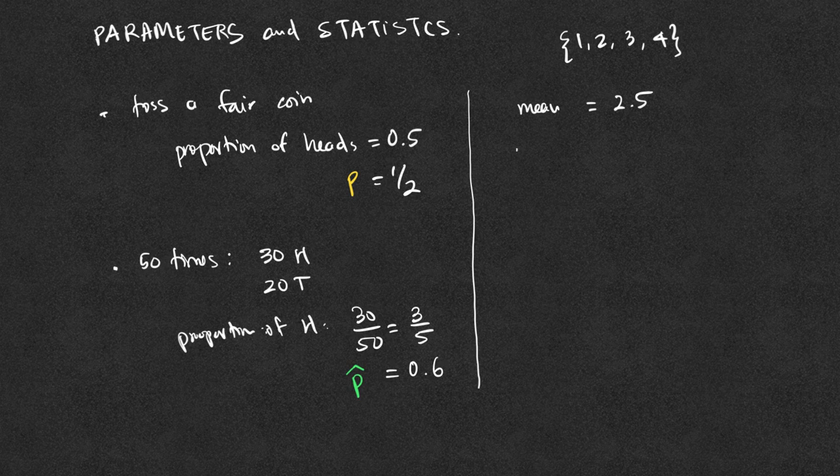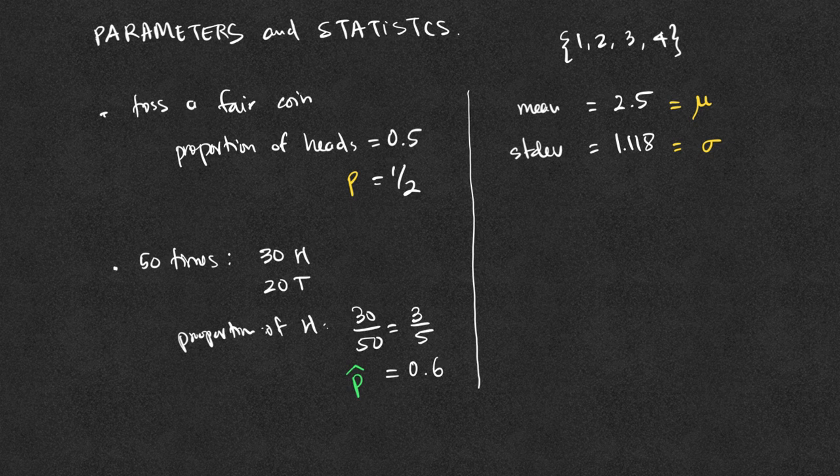And the standard deviation is 1.118. Now, to denote the mean and the standard deviation of the population, we use the Greek letter mu for the mean and sigma for the standard deviation of the population.